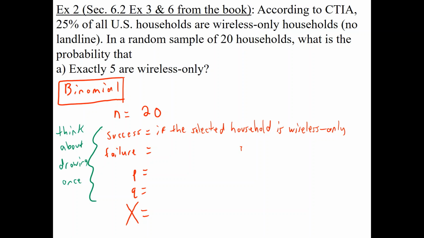Okay, so then what's a failure? If the selected house again, you can write isn't wireless only, or you can write has a landline. I'm going to write has a landline.